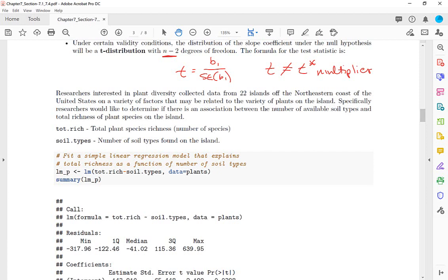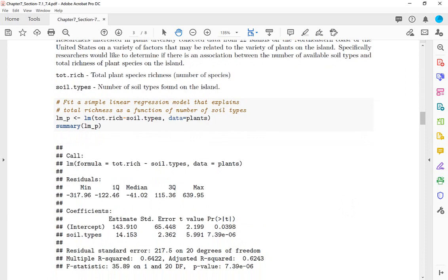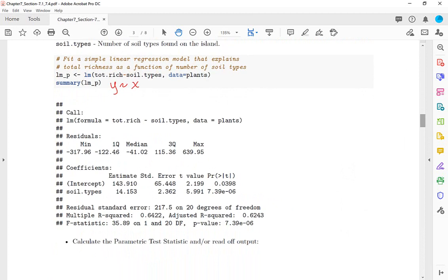So our two variables here are total richness of plant species, tot.rich, and the number of soil types, soil.types. To fit a simple linear regression model, we're looking at our linear model of y distributed as x, using this data set, plants.